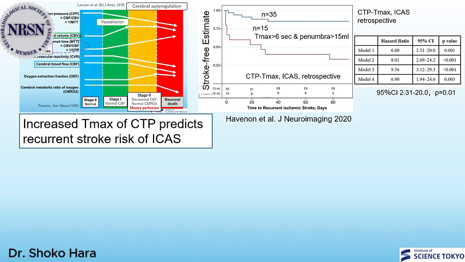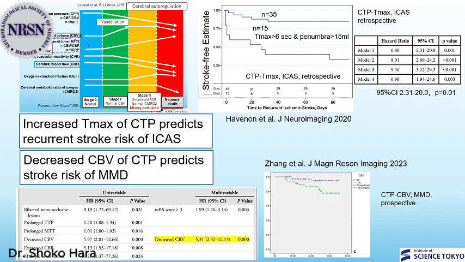While data on CT-MR perfusion parameters and subsequent stroke risk remain limited, one study demonstrated that patients with ICAS and increased Tmax on CT perfusion may have an elevated risk of recurrent stroke compared to those without increased Tmax. Another prospective study reported that cerebral blood volume measured with CT perfusion may serve as a biomarker of subsequent stroke risk in patients with moyamoya disease receiving conservative treatment.